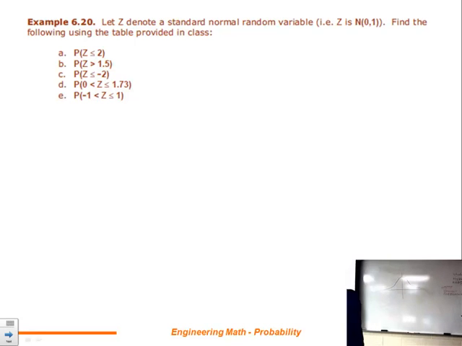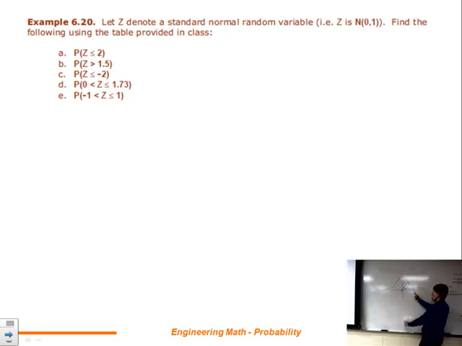It's in between 0 and 1.73, and that's going to be about right there. Now I'm interested in that area, the area between 0 and 1.73. So how do I get that? Look it up for 1.73 and then subtract 0.5, because that's what 0 is.